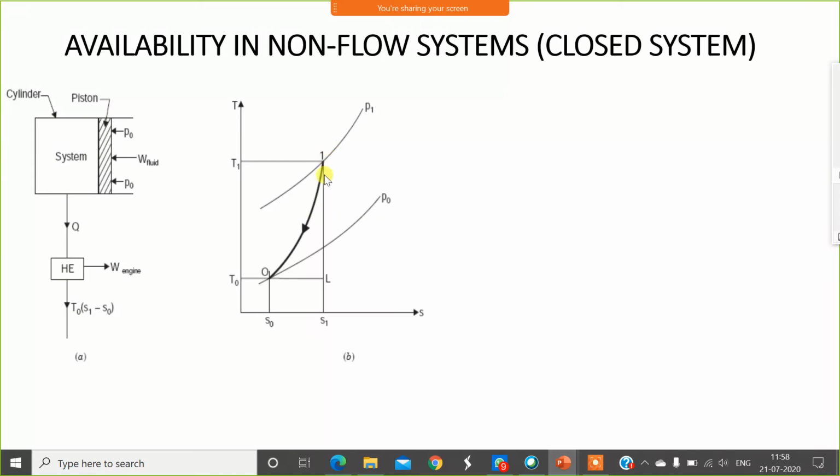During this process, the system gives work done, and the heat during this process is T1 into S1 minus H0. This expansion process takes place from pressure P1 to P0, where P0 is the atmospheric pressure.